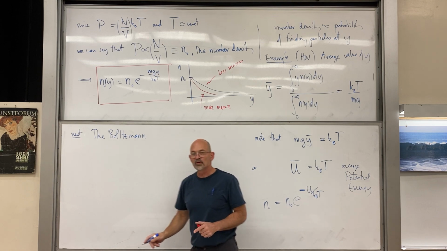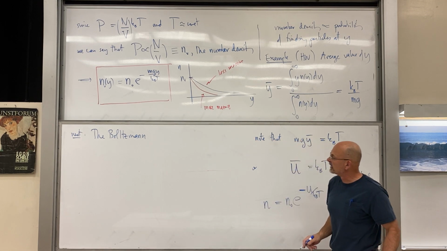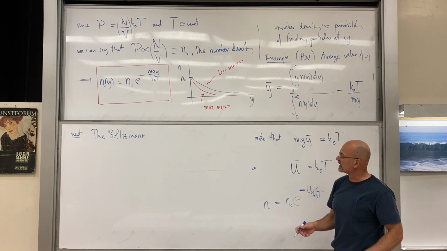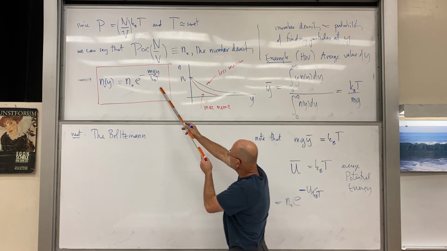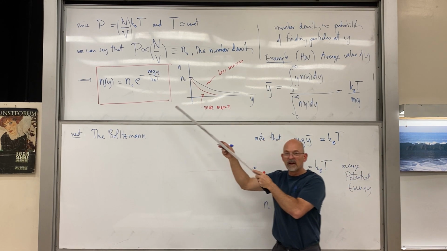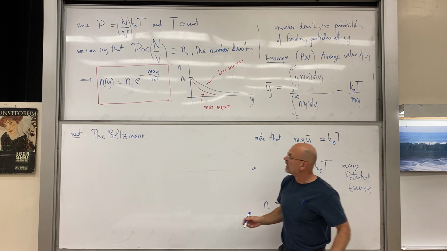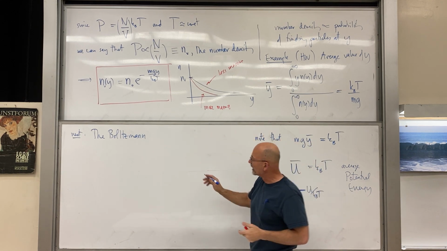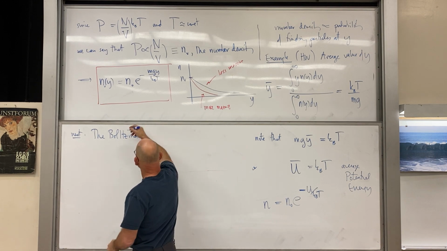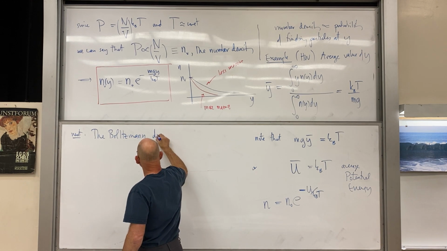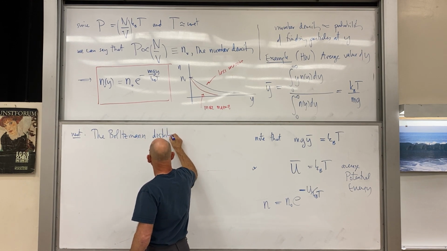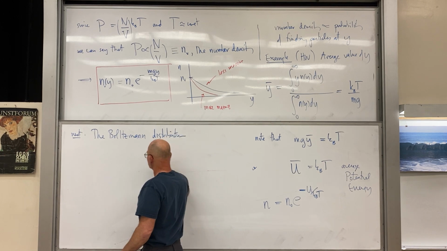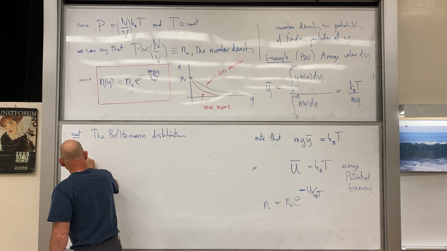I like doing this one because everything's going to follow really organically. We got this thing completely fair and square off of our ideal gas law and our pressure equation, Newton's law. So the Boltzmann distribution goes like this.